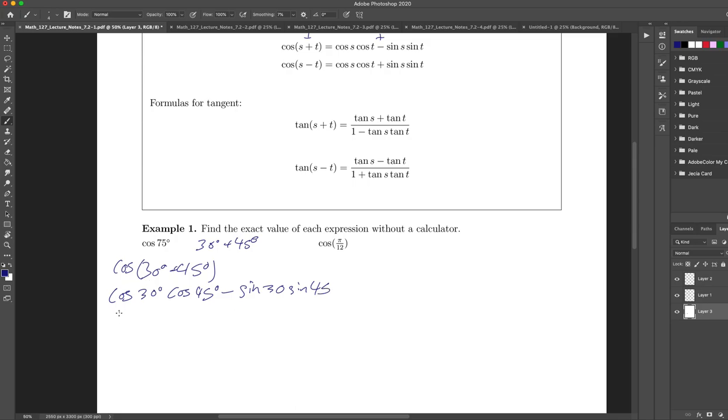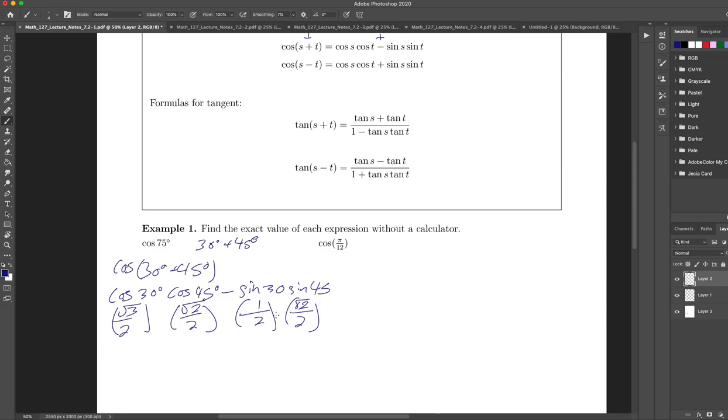And so here I'll have square root 3 over 2, sorry. Here we'll have square root 2 over 2. Here we have 1 over 2. And then here we have square root 2 over 2.